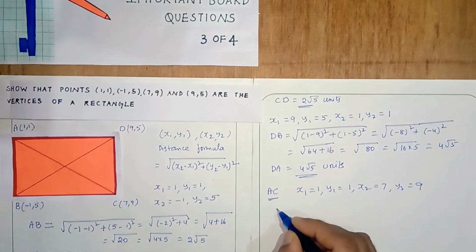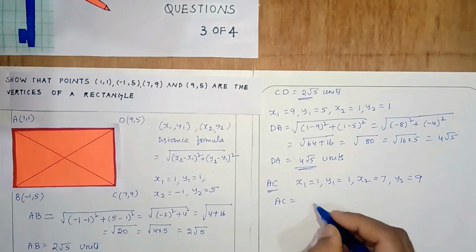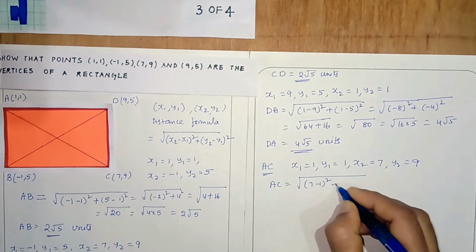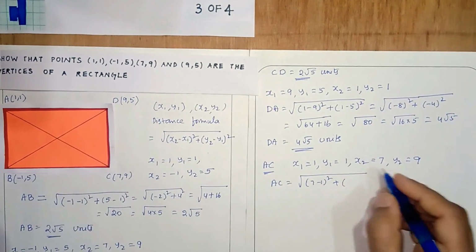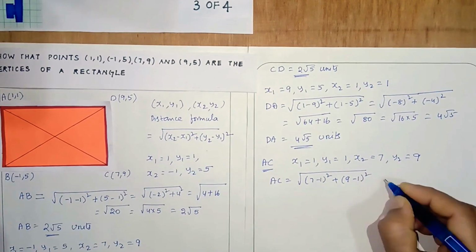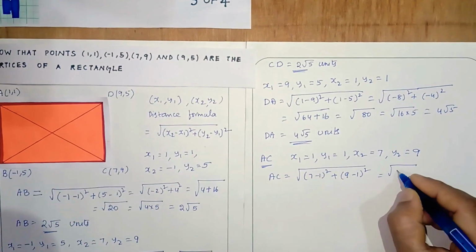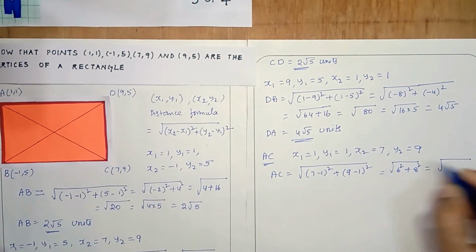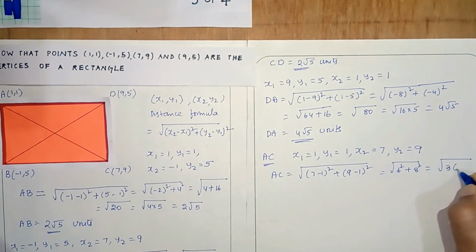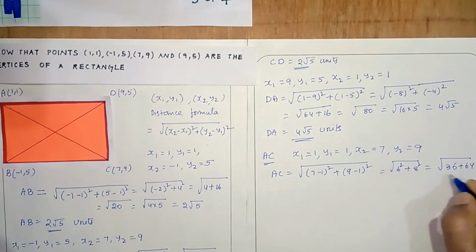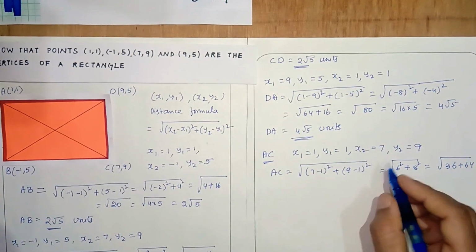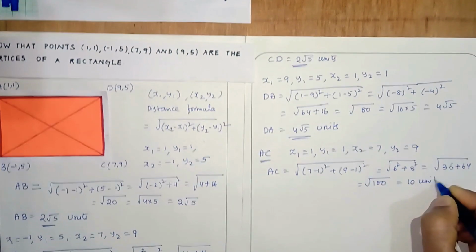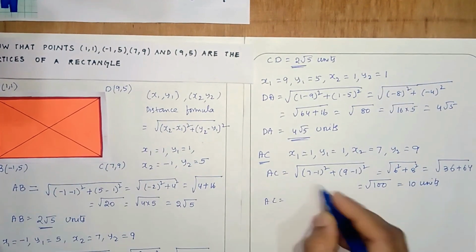Therefore, the length of AC is root of (x2 minus x1), 7 minus 1, whole square, plus (y2 minus y1), 9 minus 1, square. 7 minus 1 is 6 square, 9 minus 1 is 8 square. 6 6 is 36, 8 8 is 64. 36 plus 64, root 100. Root 100 is 10. Therefore, the length of AC is 10 units.